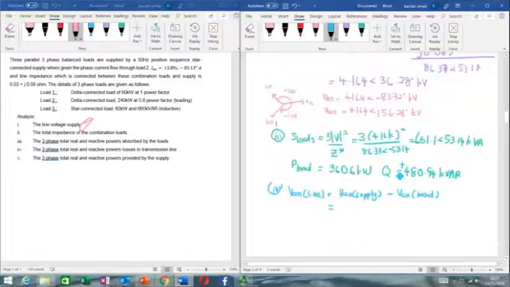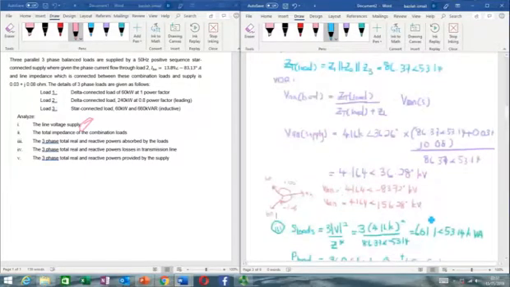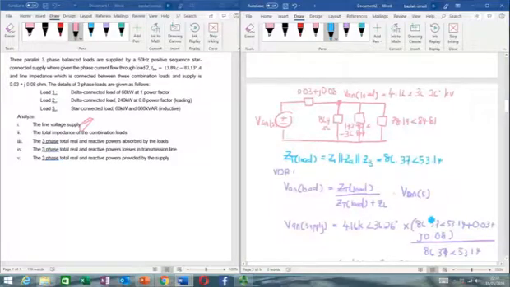So supply is 4.164 angle 36.28, minus the load from before. Load is 4.16. It should be very small.